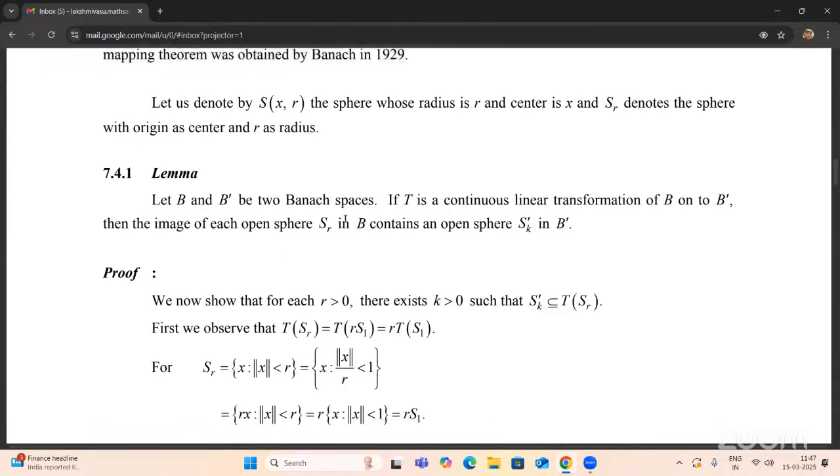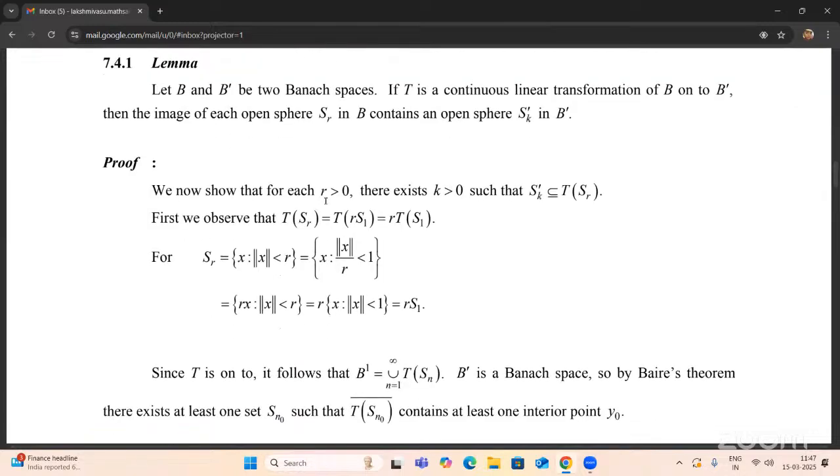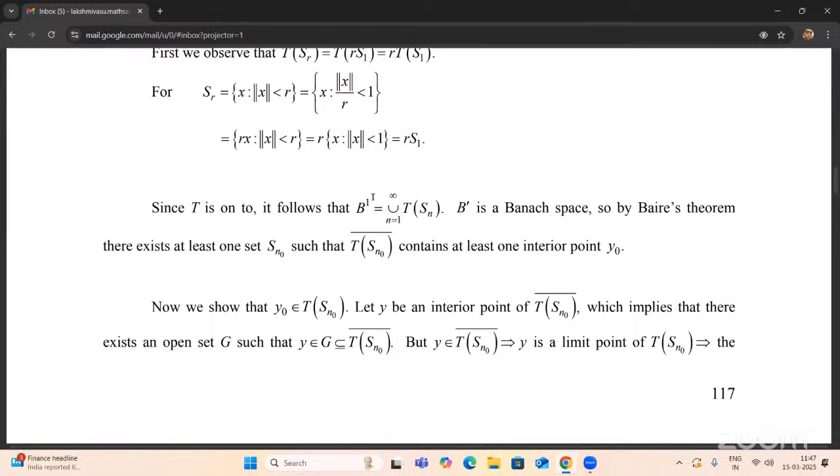Here the open sphere S R in B is centered at the origin of the Banach space, and S K dash in B dash is another open sphere, so S K dash in B dash is a subset of the image of S R. That is the theorem, and that is the simple proof.